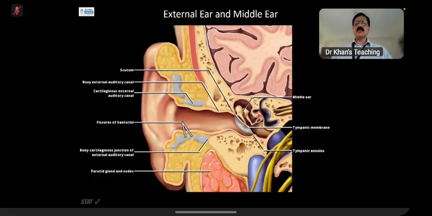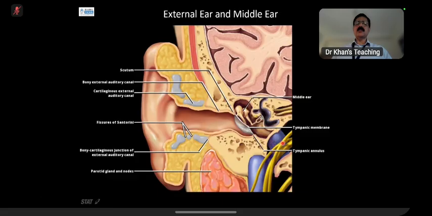If you see, this is the middle ear, and we will come back to this in a while. Now, lateral to that is the external ear, and this is the external auditory canal. Superior to that is the middle cranial fossa, the brain. Medial to that is the internal ear.